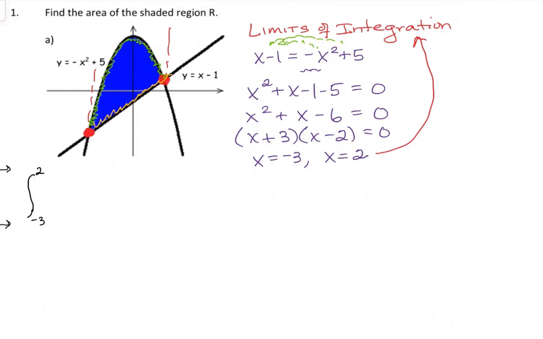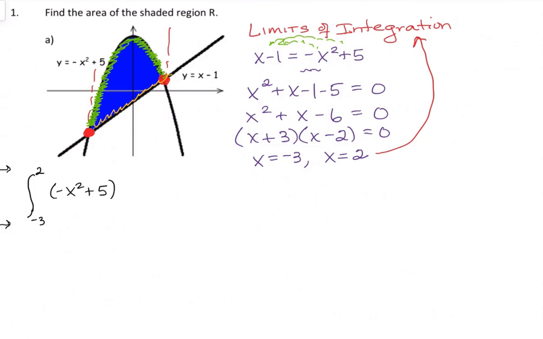So when I look at this shaded region here, the boundary that's on top of that area is a piece of the parabola, which means that in my integrand, my parabola is going to go first. So I'm going to put minus x squared plus 5 first.